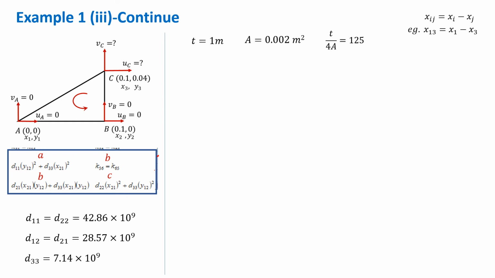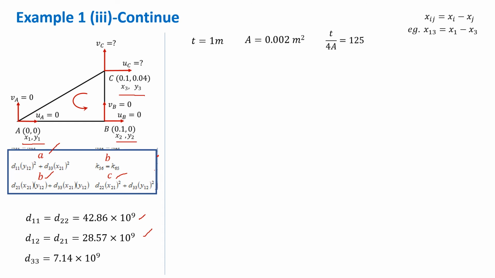In order to determine the values A, B, and C, we have to refer back to our coordinates determined for element 1, for example x1, y1, x2, y2, and x3, y3. We also need the calculated material properties in the previous slide, which are D11, D22, D12, D21, and so on, as shown in this slide.